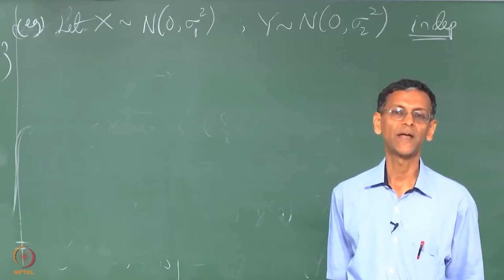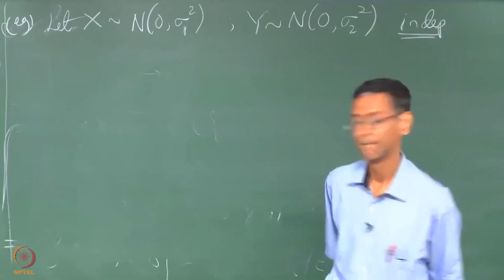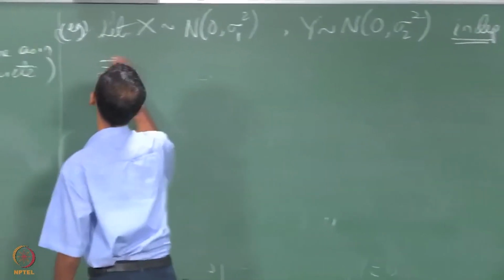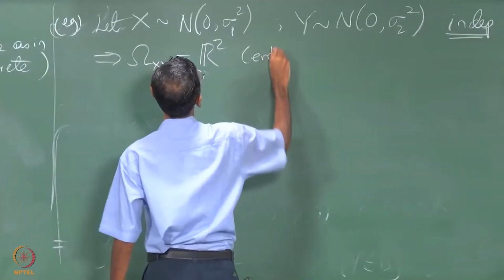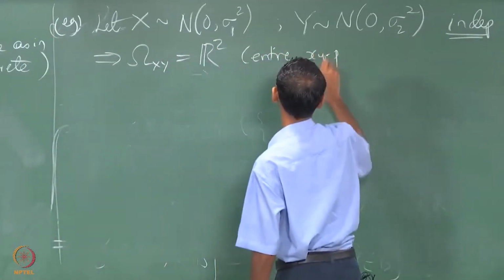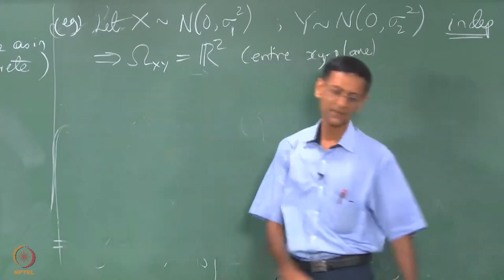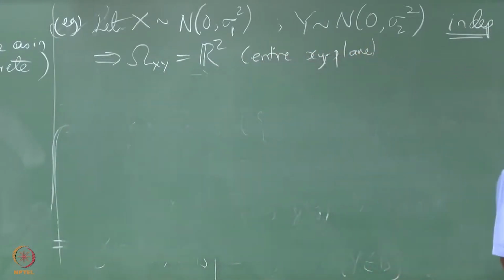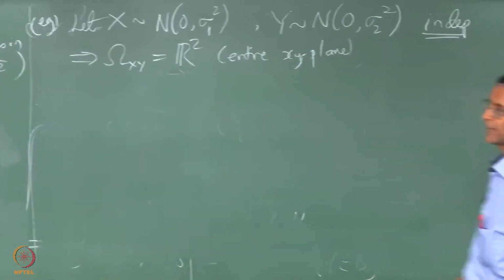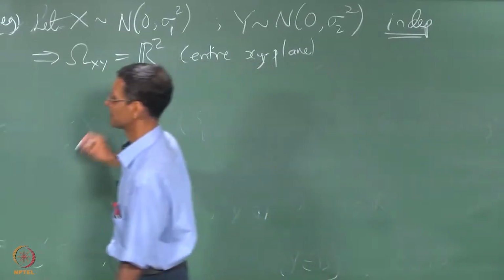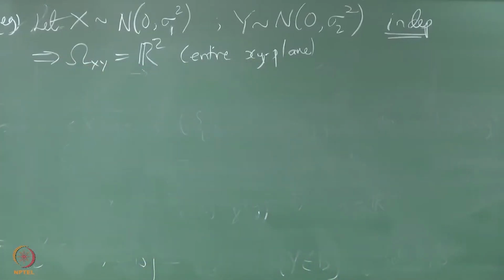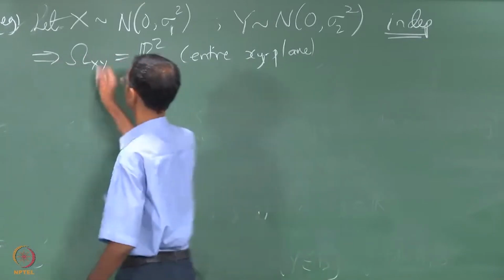So when you combine them, the omega xy will be the whole plane, the entire xy plane, which is to say that any point in that plane can occur in the joint experiment where you consider both observations. That is the first part.